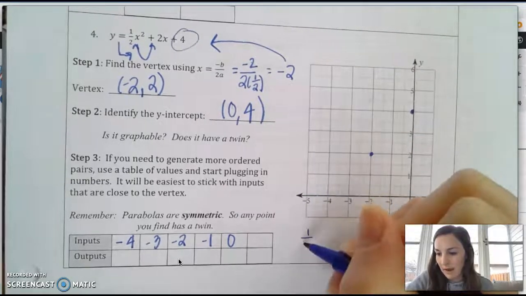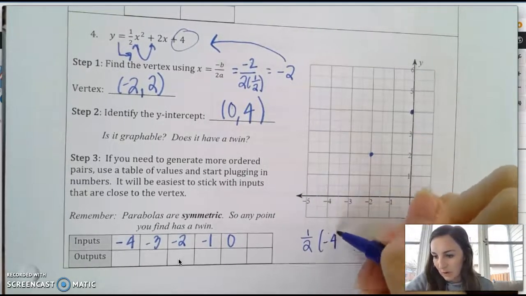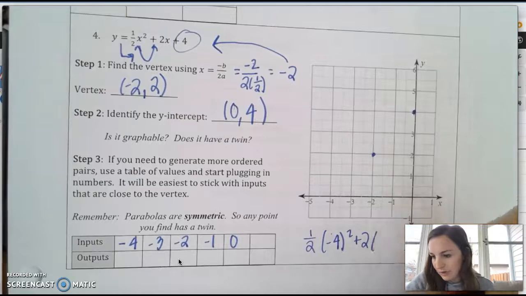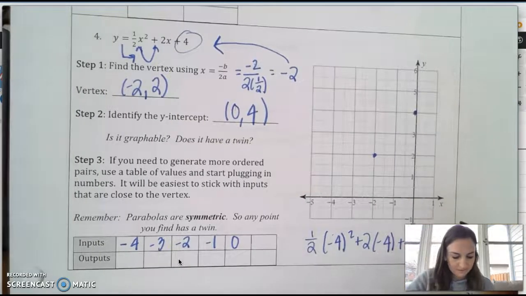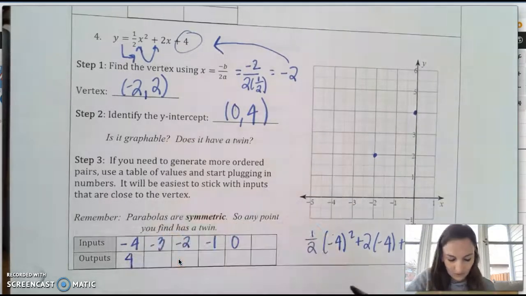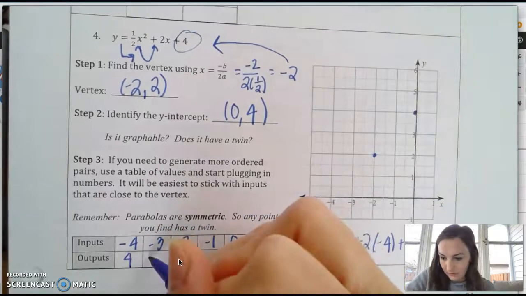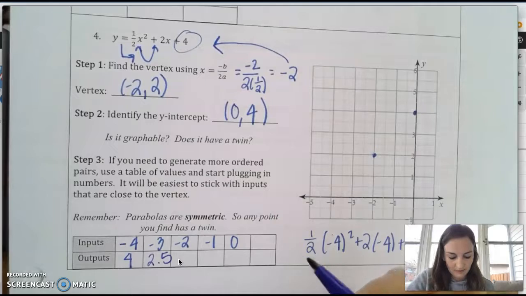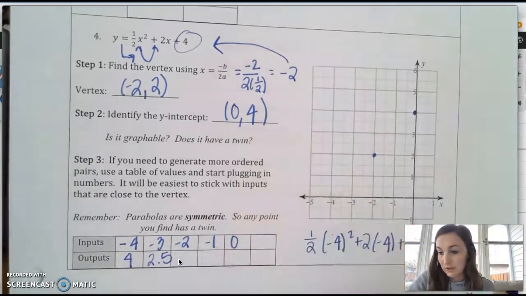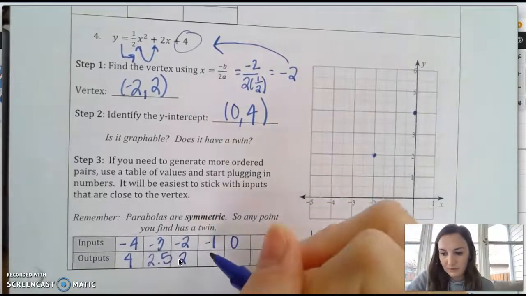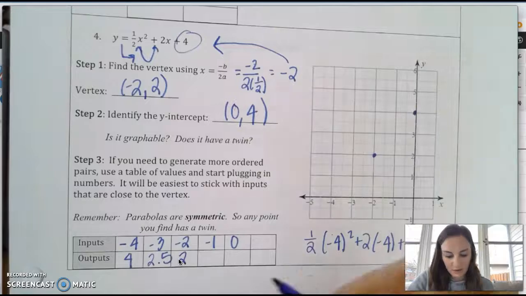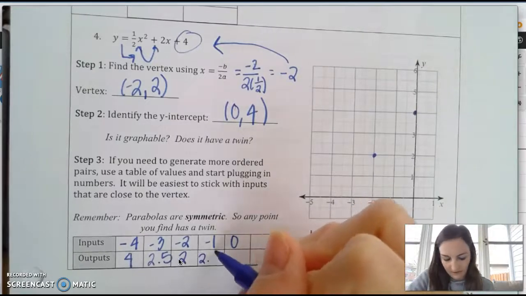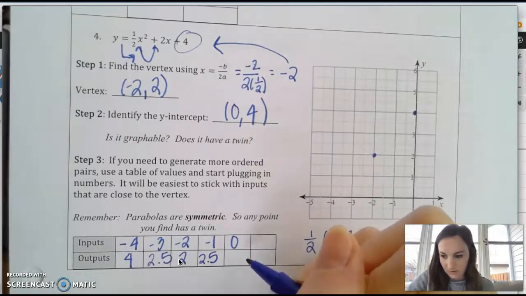So I have 1/2 times -4 squared plus 2 times -4 plus 4. And when I do that, I'm going to get a 4. When I substitute in -3, I'll get 2.5. When I substitute in -2, I already know I get 2. When I have -1, I get 2.5 again, and then I will also get 4.